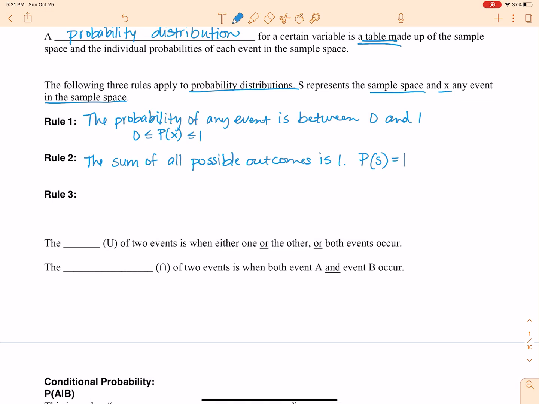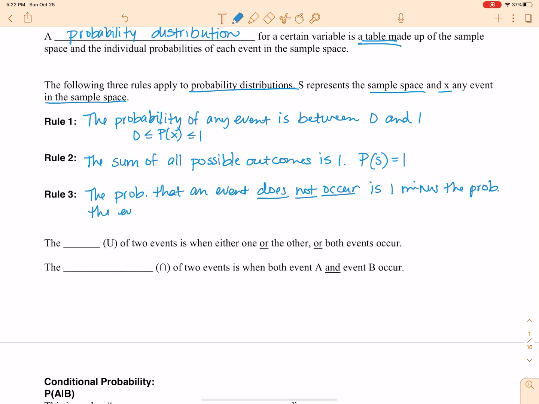All right, rule number 3. The probability that an event does not occur is 1 minus the probability the event does occur.